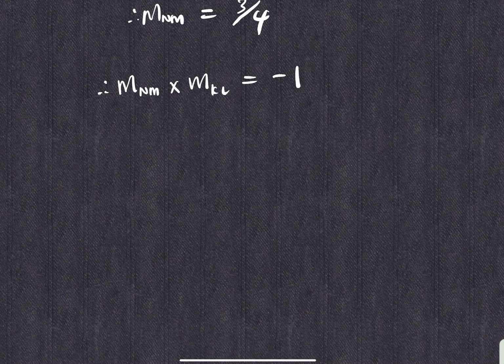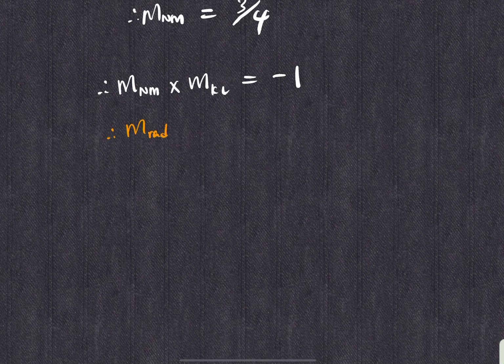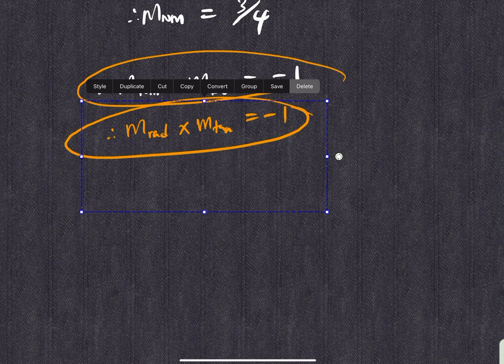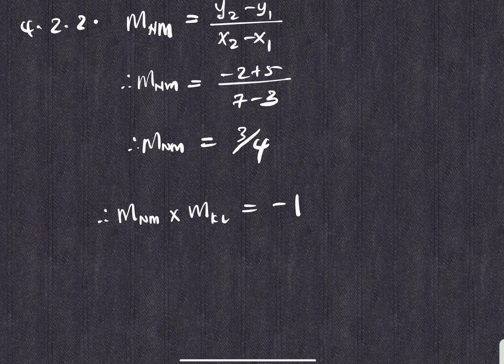And I just want to warn you guys, the other way to write this is to say that the gradient of the radius multiplied by the gradient of the tangent should equal -1. So you may write in words, or you may use letters, just like everything is given in there. You don't have to comment here and say it's wrong, it's wrong, it's wrong.